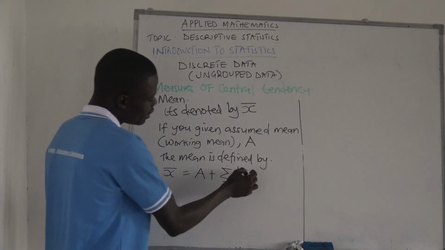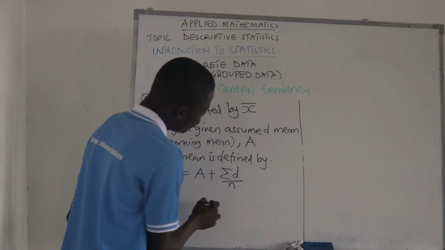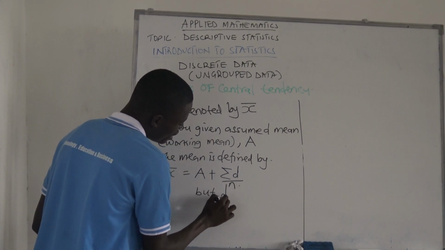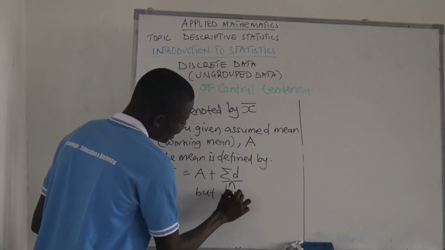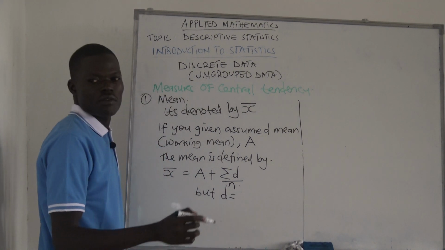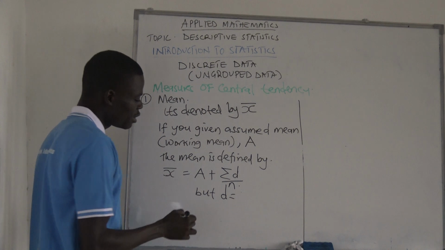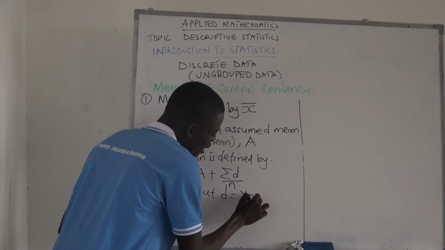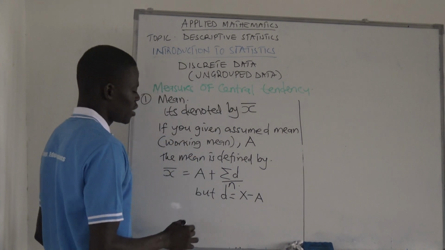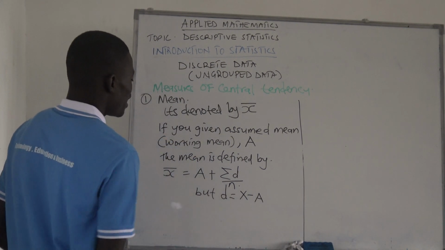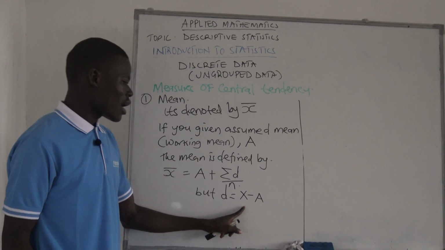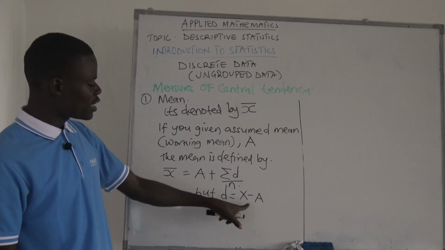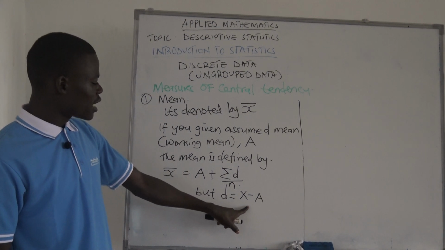So our D, the deviation, is given by x minus assumed mean. D is given by x minus assumed mean. Where x is the variable and a is the assumed mean, this is the deviation, defined by x minus a.